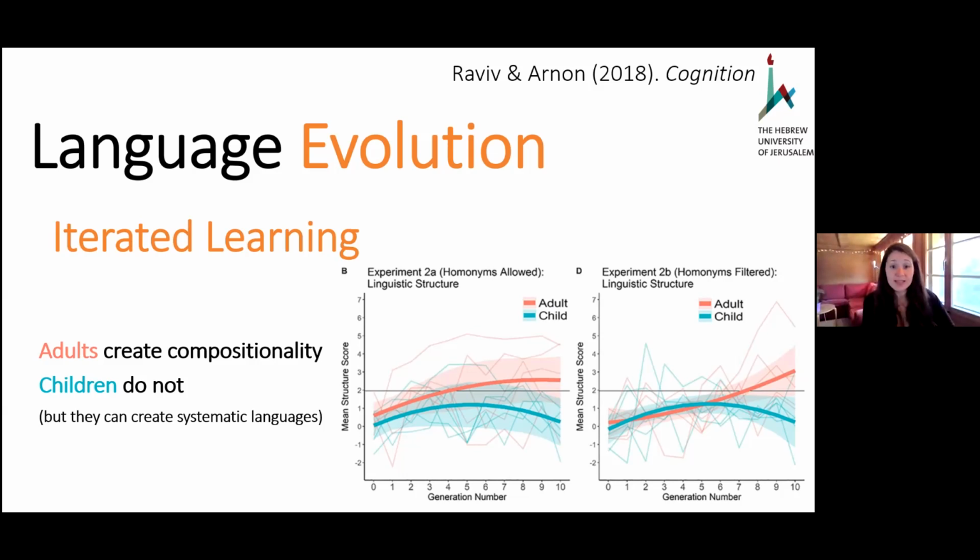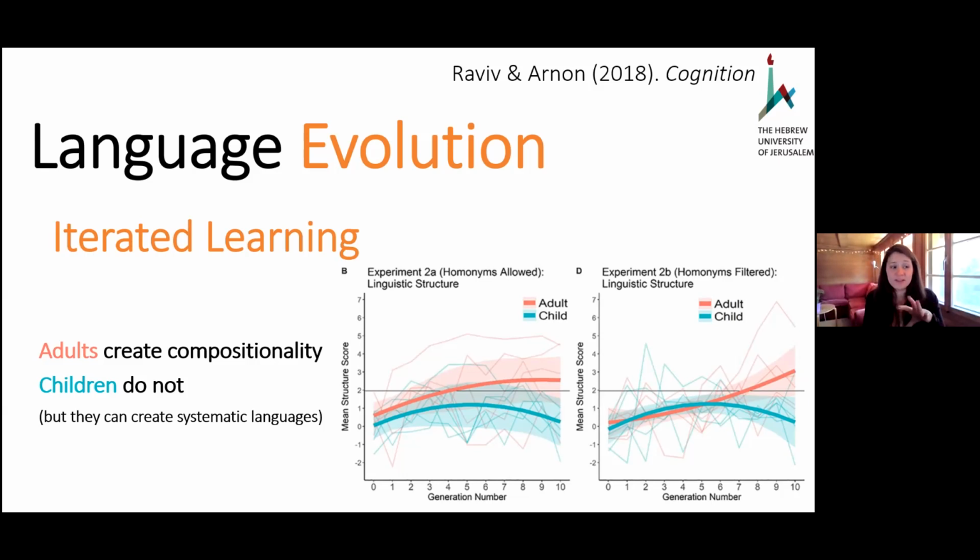And when we compared this, what we found, first of all, is that adults consistently create compositional languages. They also significantly outperform children overall, which is not surprising. And children's languages, although they didn't show this increase in compositionality, as you can see, the blue line stays below this black line.